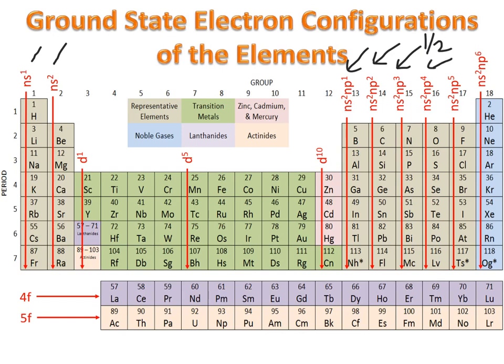In group 16, p4, group 17, p5, and then finally at the noble gases, with the exception of helium, the outer or valence shell is full with 2 electrons in the s and 6 electrons in the p subshell.